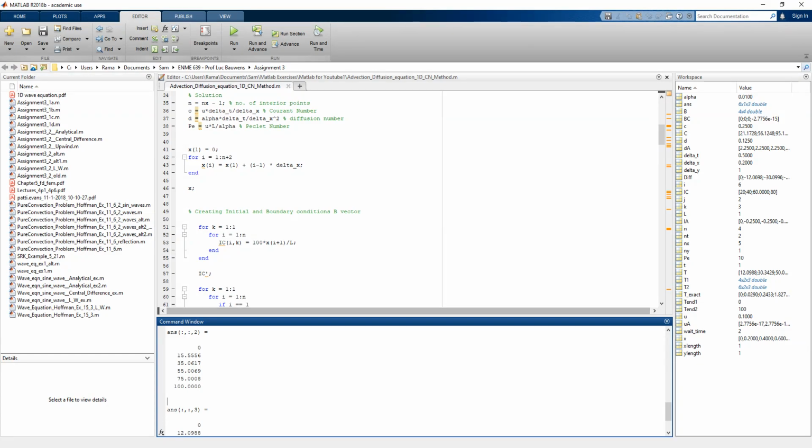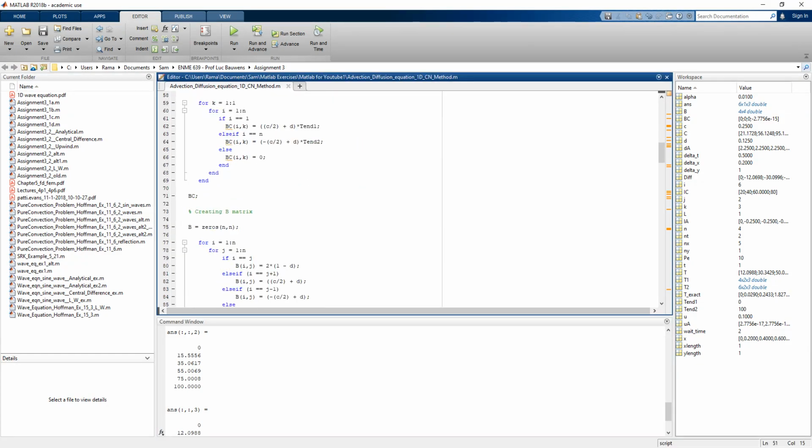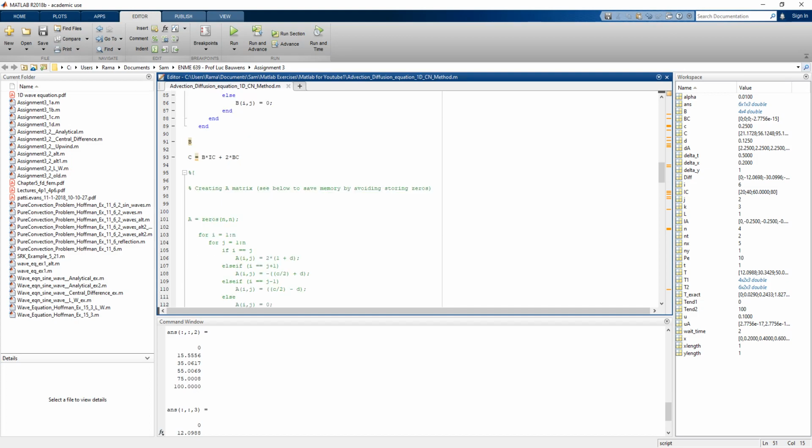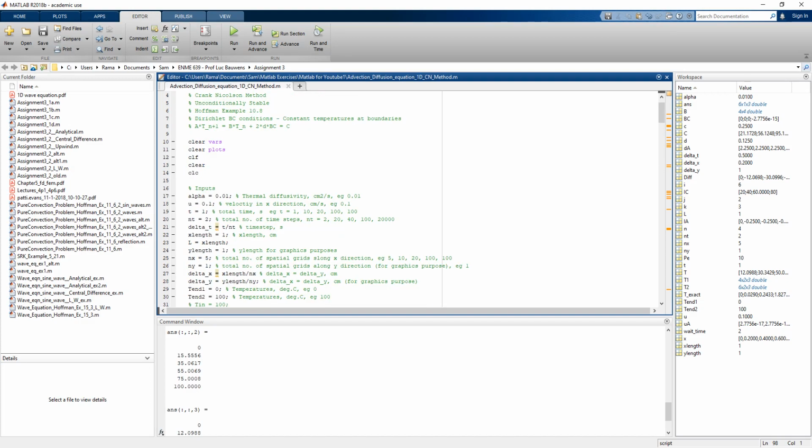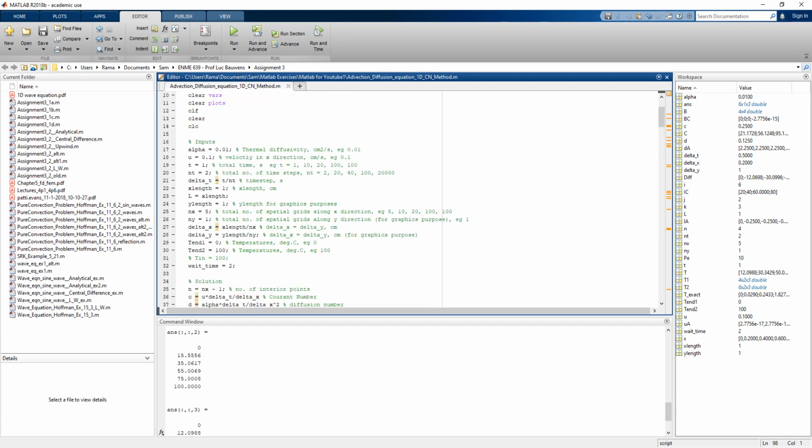So we can now run by varying some of these parameters. Let's make t, the total time, as 10 seconds and number of time steps as 20 and the number of spatial grids as 10.